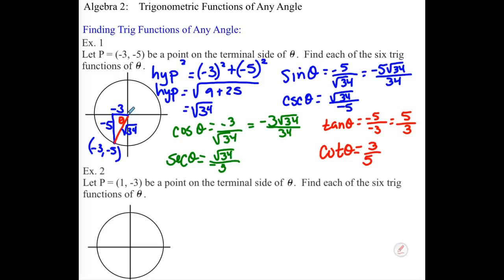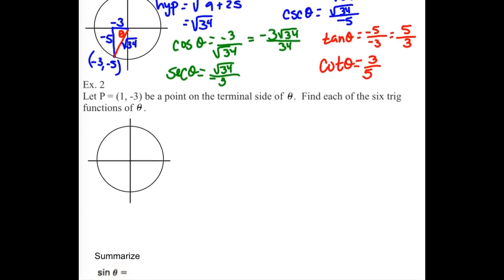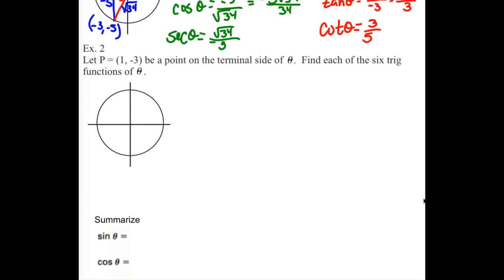All right, let's try another one. For this one, we have the point being 1, -3. So we're going to go to the right 1 and down 3. And again, we're going to create a triangle, and this will be theta right there. All right, so we went 1 to the right and down 3. So I am going to keep that negative sign on the 3 there. And let's go ahead and find the hypotenuse of that.